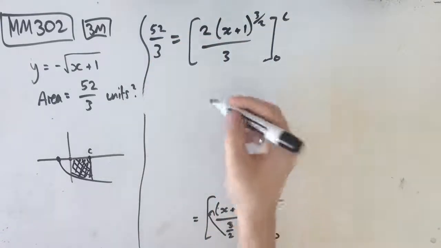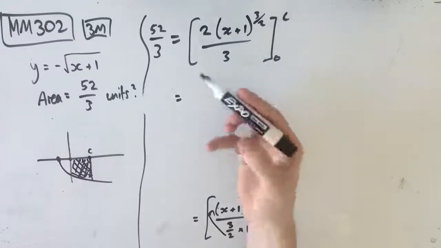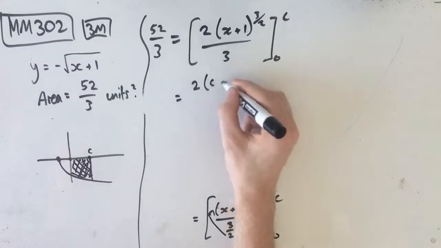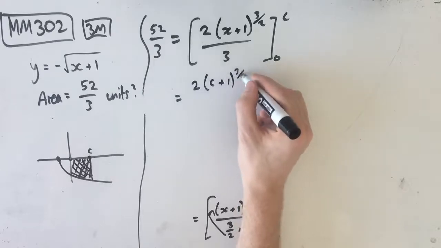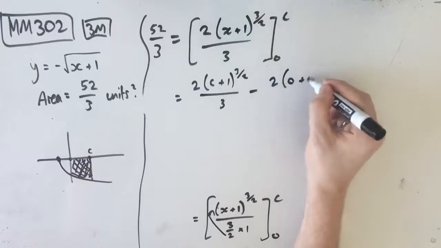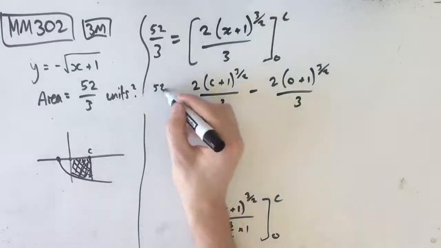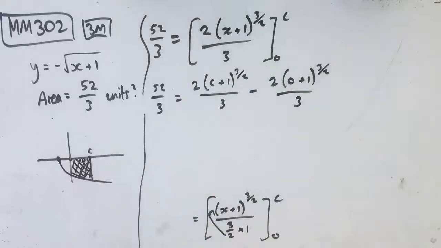Awesome. So from here, we're just going to sub in our values for c and 0. So we get 2 times c plus 1 to the power of 3 on 2 over 3, minus 2 times 0 plus 1 to the power of 3 on 2 over 3. And that's equal to 52 over 3.